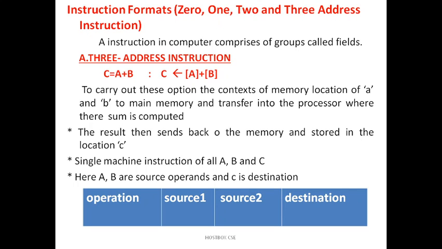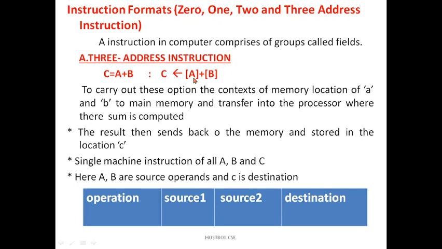So how do we go to the three address instruction? Just listen here. To add the values of two variables A and B and assign the sum to a third variable C, these are assigned to different locations in the memory, and the contents of these locations represent the values of the three variables.